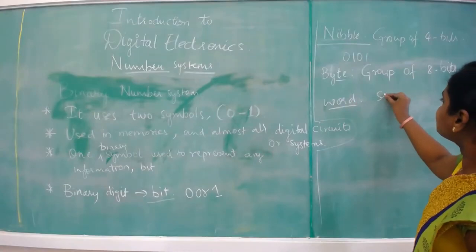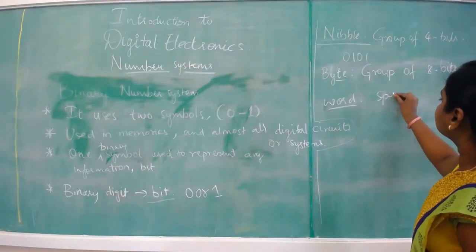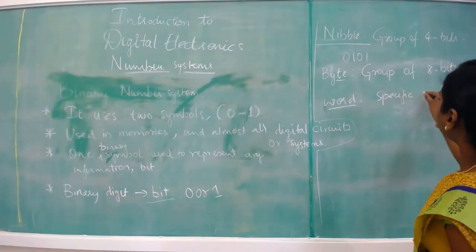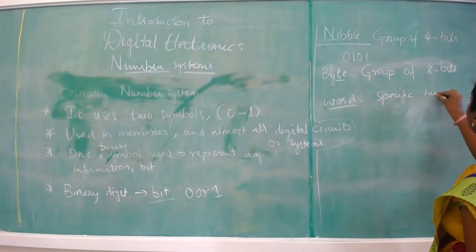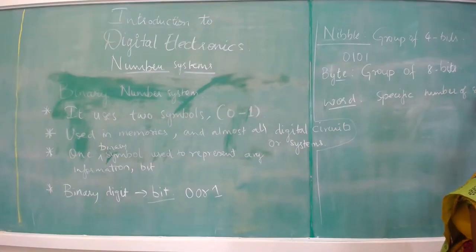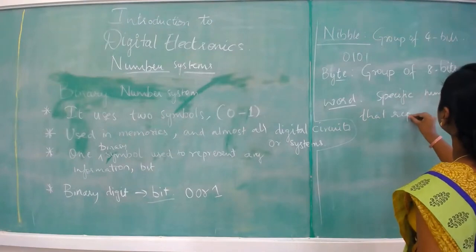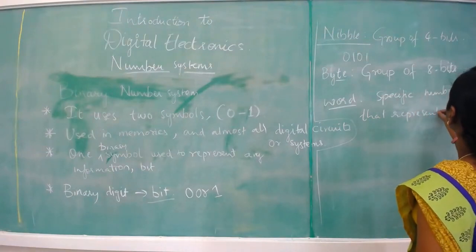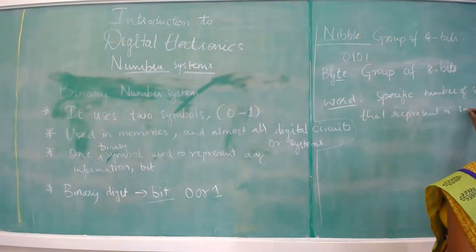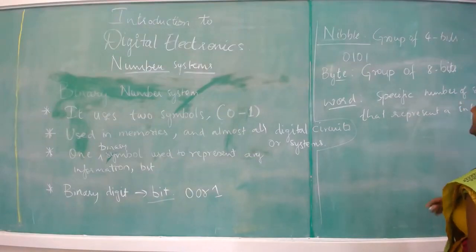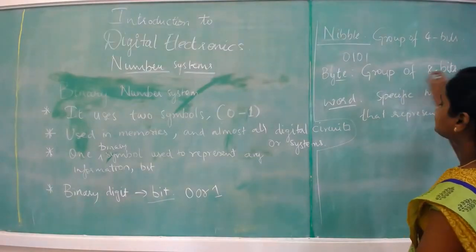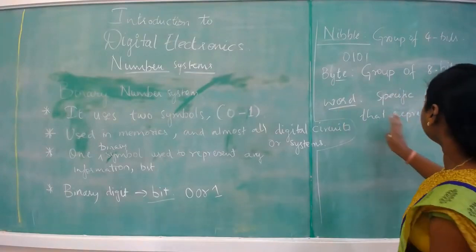Word is a specific number of symbols that represent a quantity or information. So here there is no specific number of bits for a word. It conveys some information.